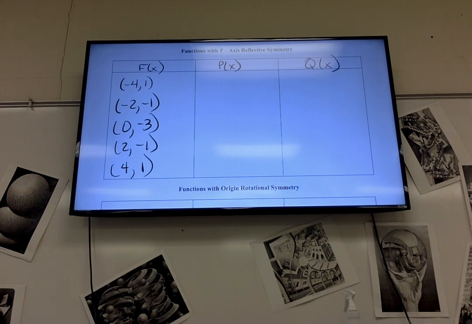Yes, so the first one for P of x would be -6, 4. There's a method to this madness.